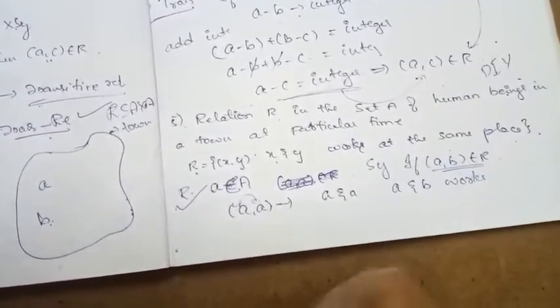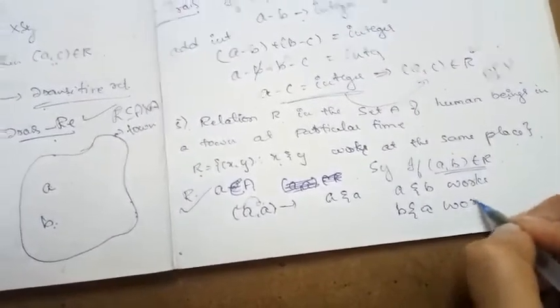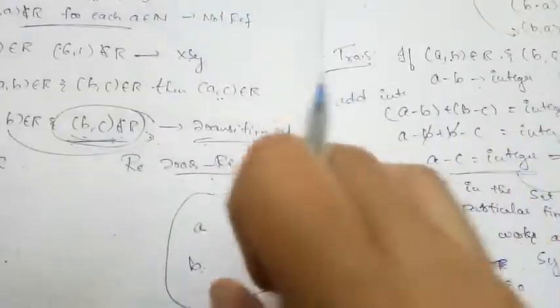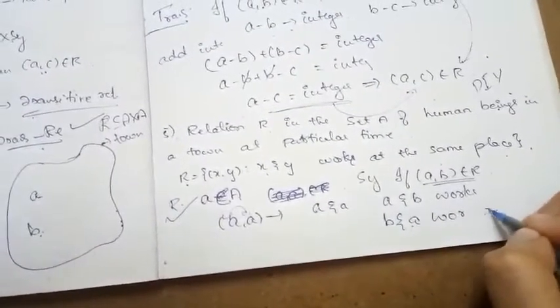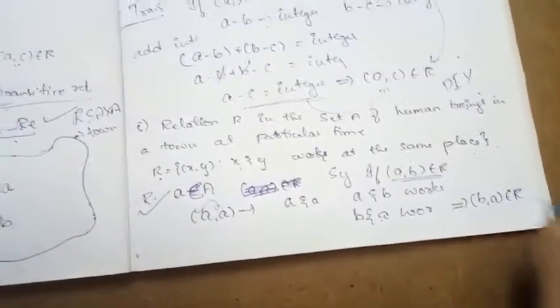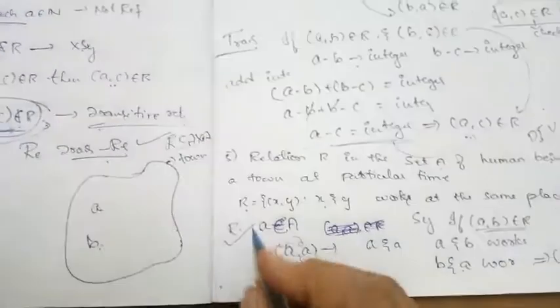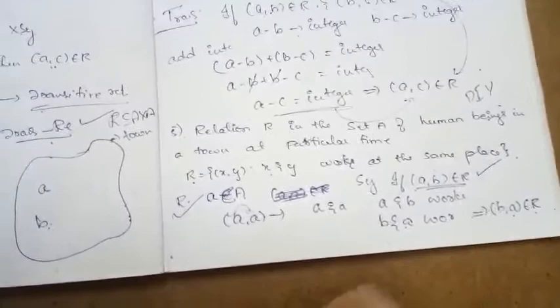If a and b work at the same place, then b and a also work at the same place. If b and a work at the same place, what does that imply? (b, a) also belongs to R. So if (a, b) belongs to R, then (b, a) also belongs to R. So the relation is a symmetric relation.